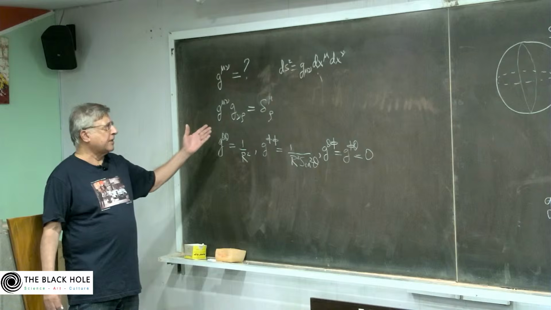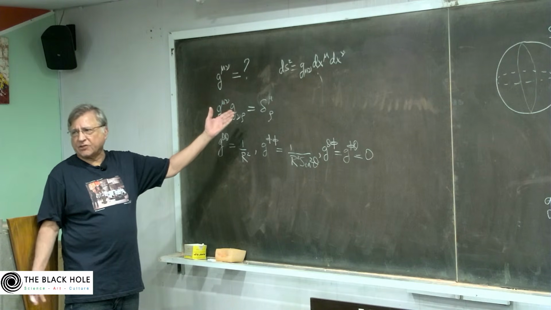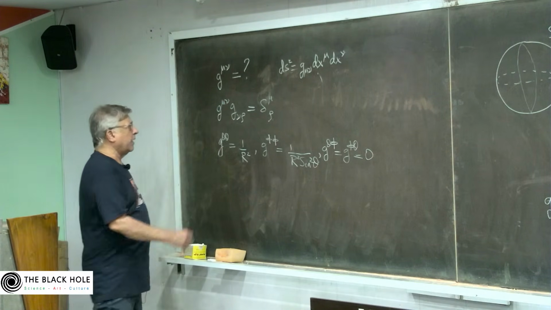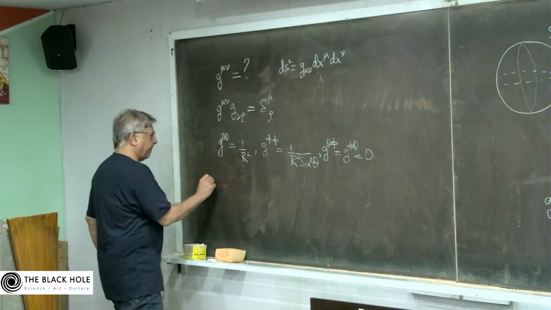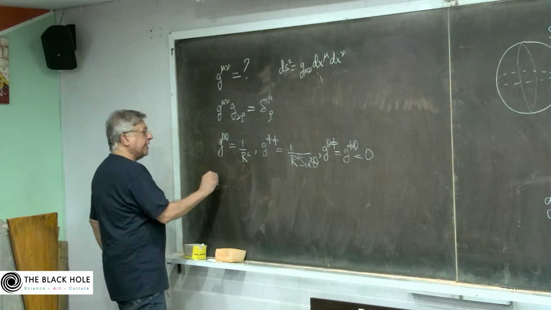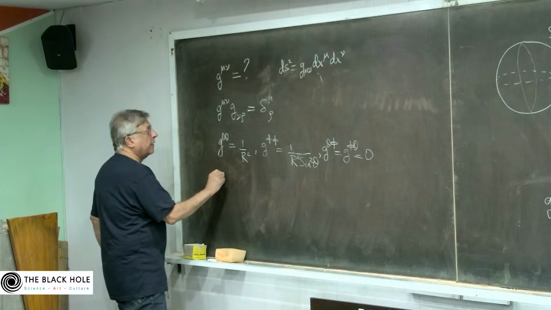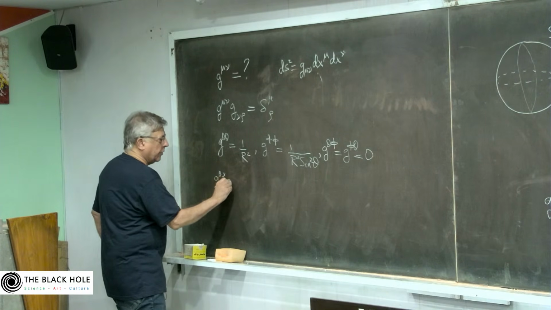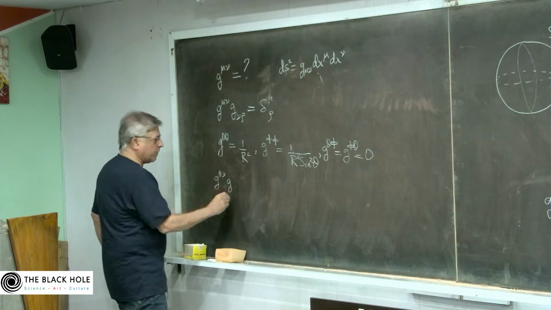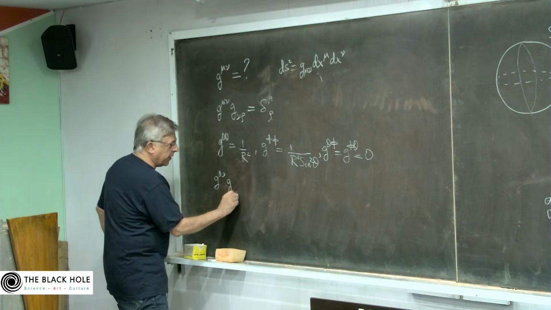That's 4 numbers to check, but let's check one of them. Let's take g theta nu g nu theta.